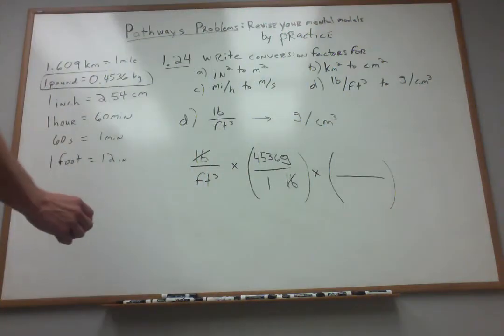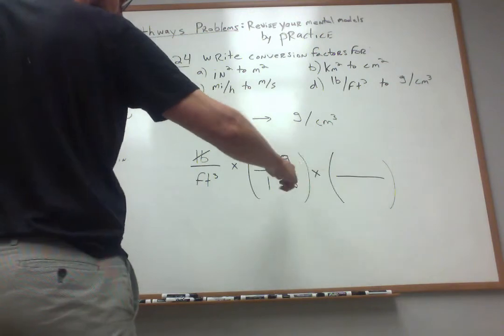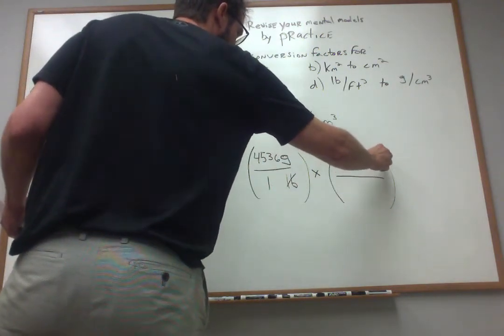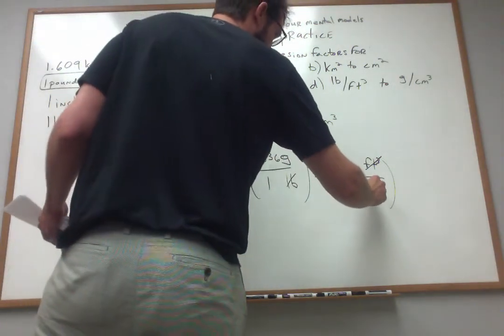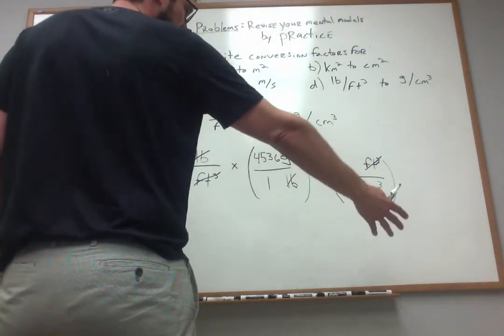Alright, so I need to keep converting to convert my second unit. Got to get rid of my cubic feet. Now how do I achieve that mathematically? Well, if I put a cubic foot up here, it would ultimately cancel out. And then I could have a cubic centimeter down here in the denominator, and that would carry through.